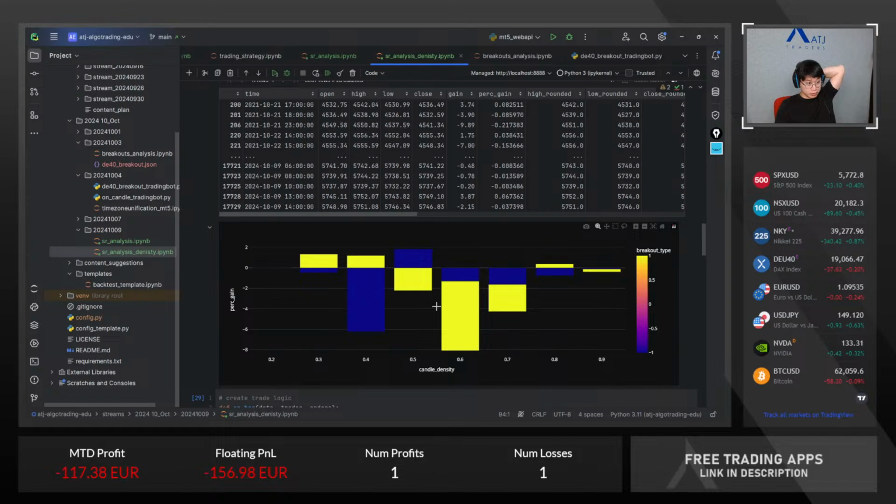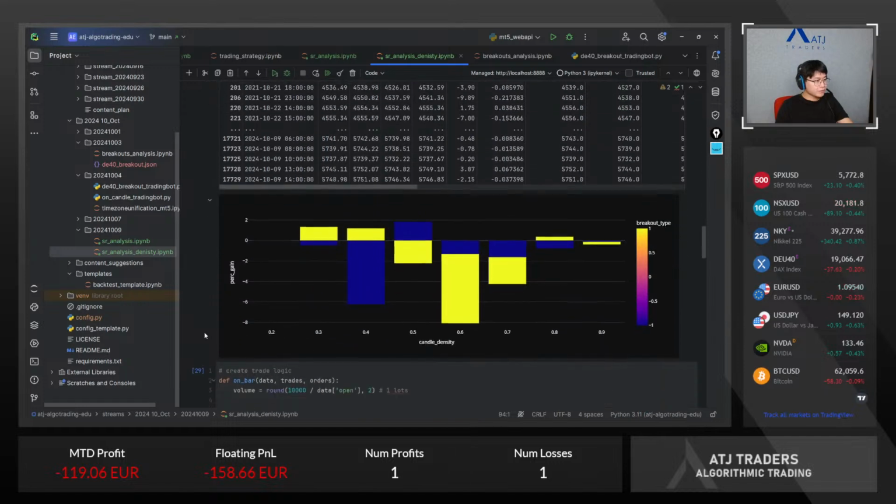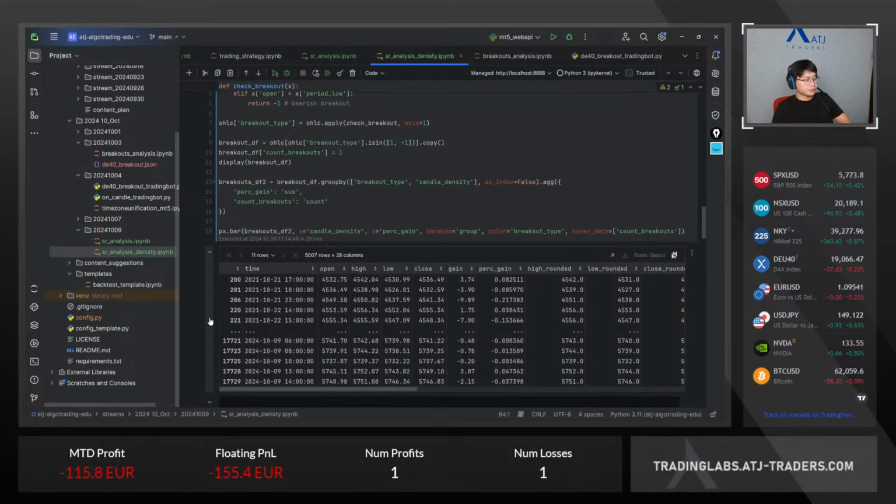Okay, so another finding. Whenever our candle density is between 0.5 and 0.7, and with a bullish breakout, it tends to go down. But when the candle density is 0.4 and below, it seems to perform better.